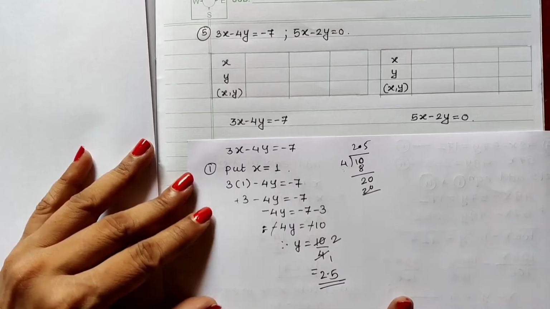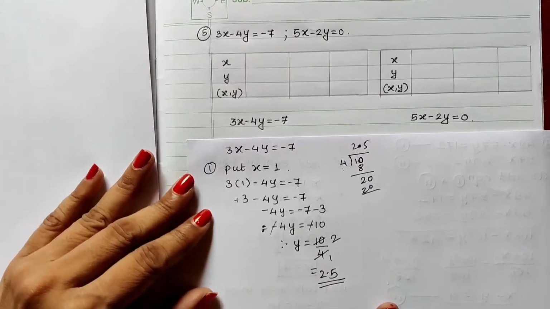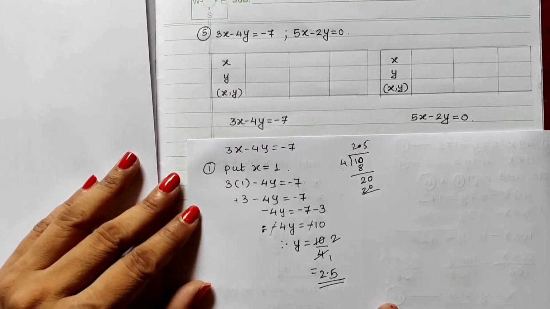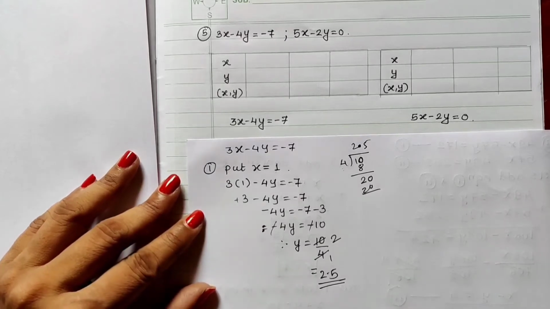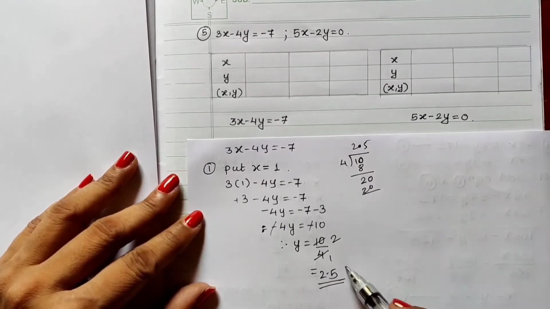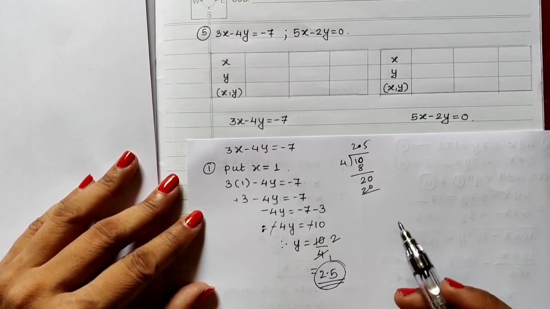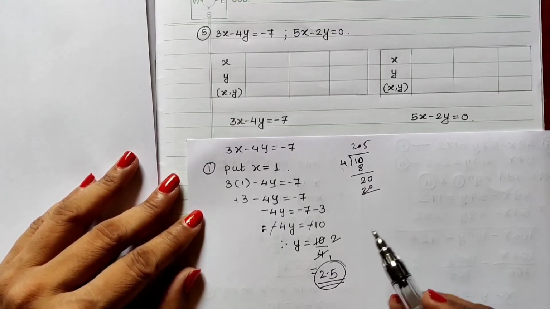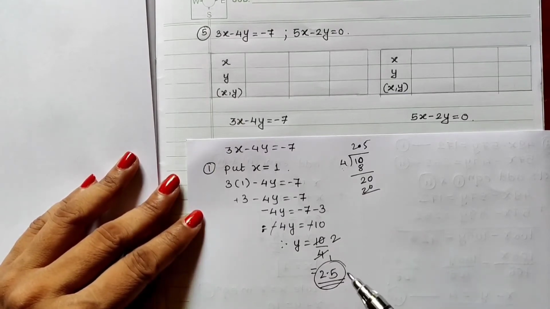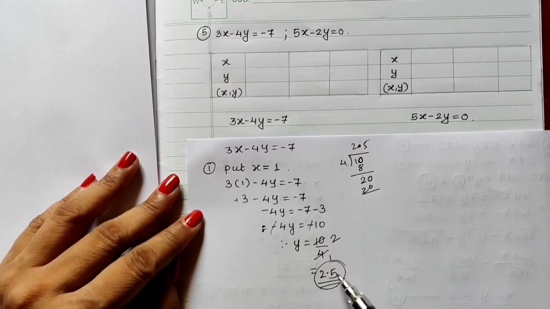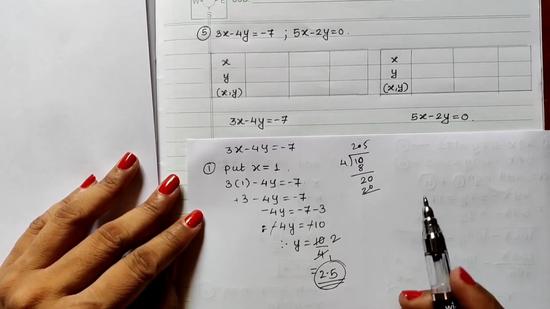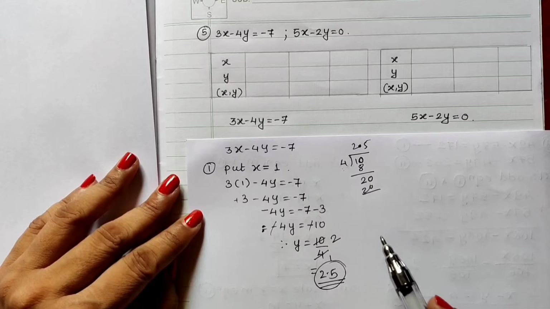So instead of getting the answer in decimal fraction, always see that you should get the answer in whole number or in proper integer. It should not be in the decimal fraction because it will get difficult to plot the points in decimal fraction. You can plot the point 2.5, but if it is possible to get the answer in whole number, you have to get it in the whole number.